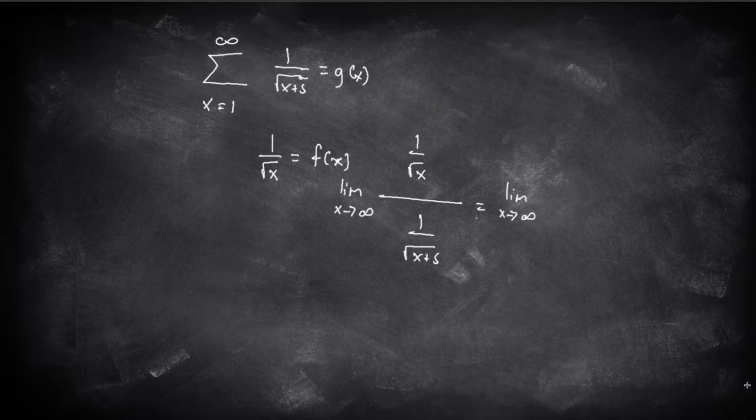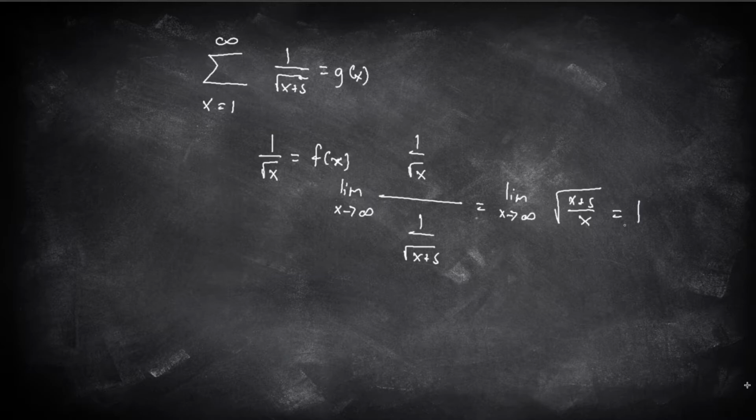Dividing is the same thing as multiplying by its reciprocal, so this simplifies to square root of x plus 5 over square root of x. So you could just rewrite that as the square root of x plus 5 over x. And if you plug in infinity here, the coefficients are 1, so it's going to approach 1, and the square root of 1 is 1.